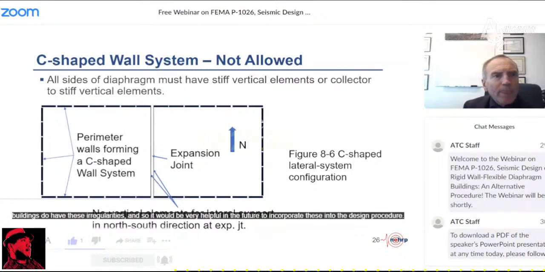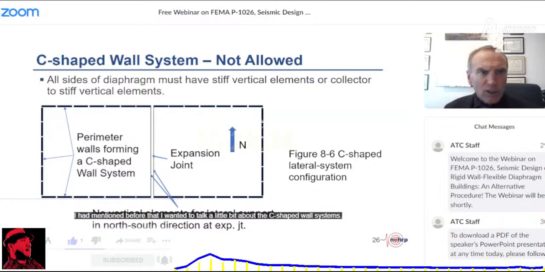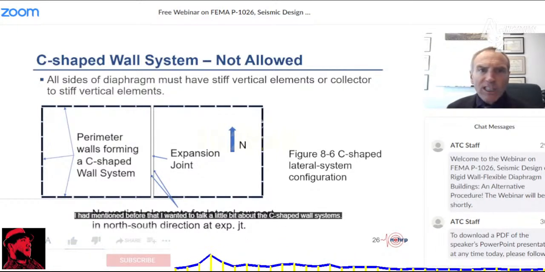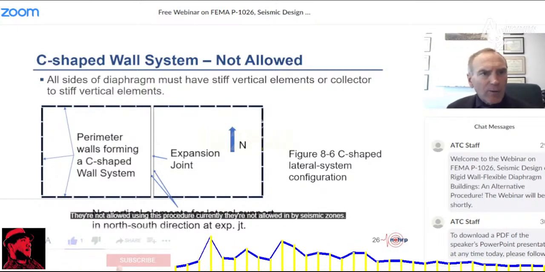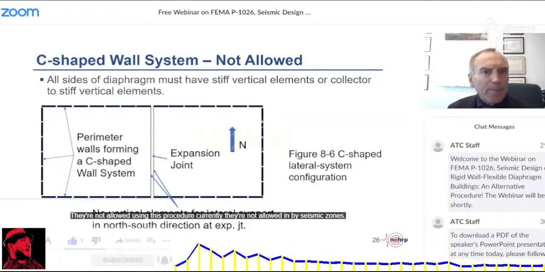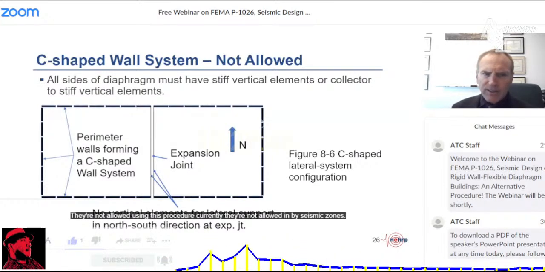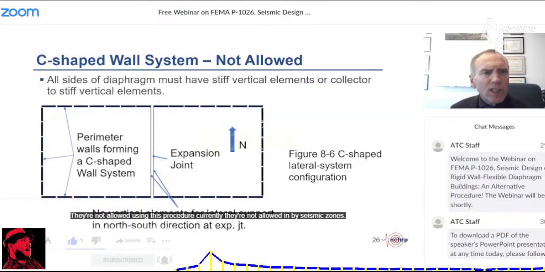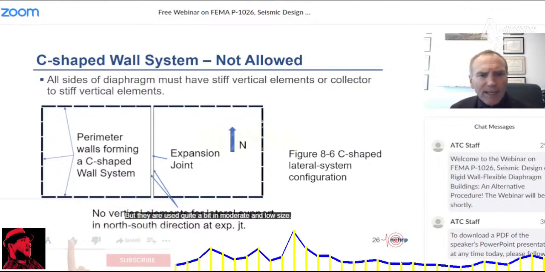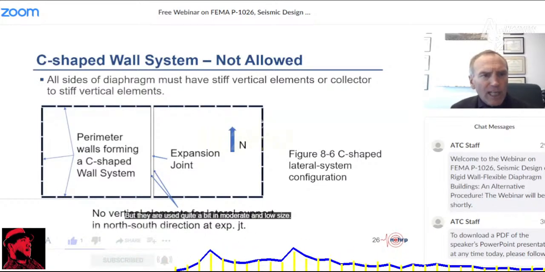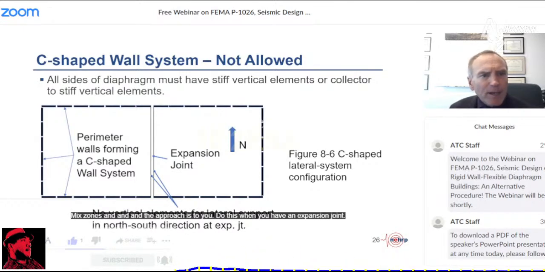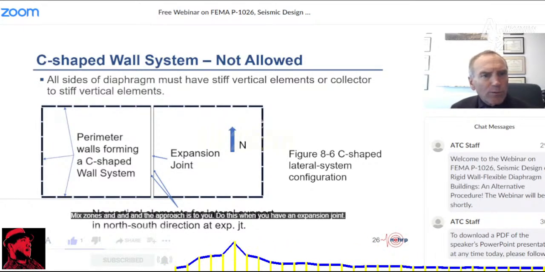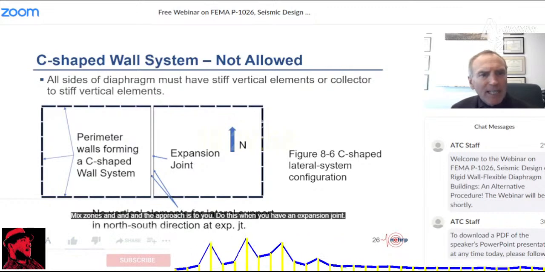I had mentioned before that I wanted to talk a little bit about the C-shaped wall systems. They're not allowed using this procedure. Currently, they're not allowed in high seismic zones, but they are used quite a bit in moderate and low seismic zones. And the approach is you do this when you have an expansion joint.